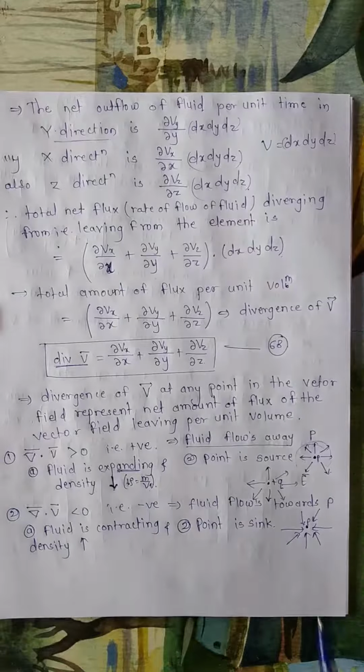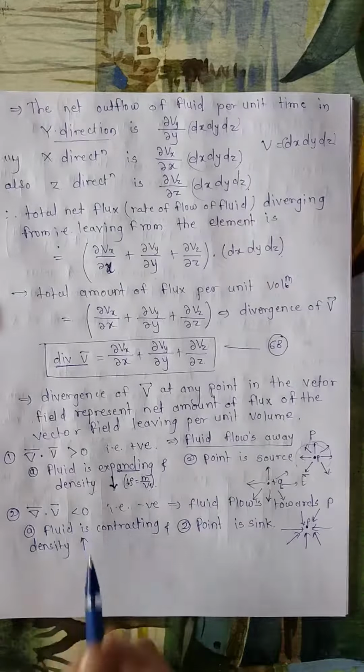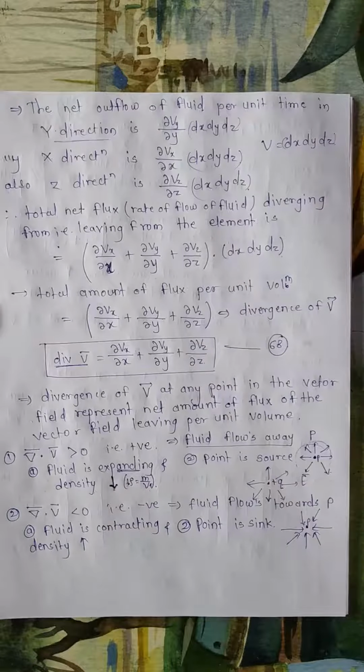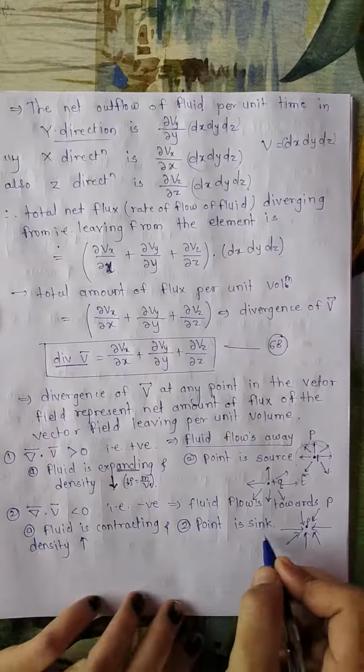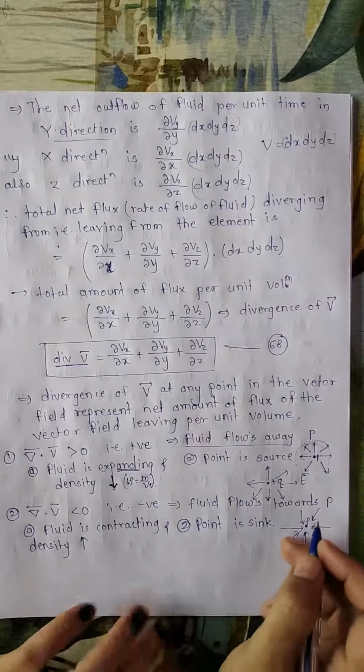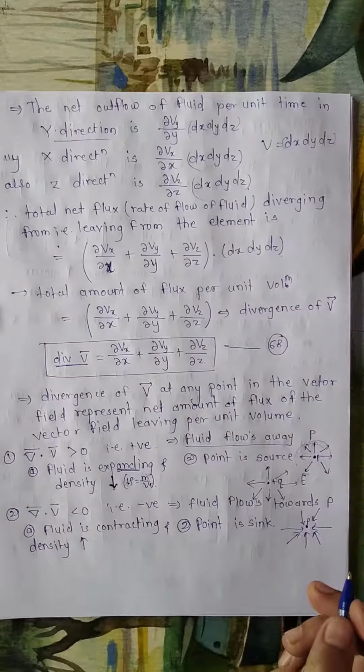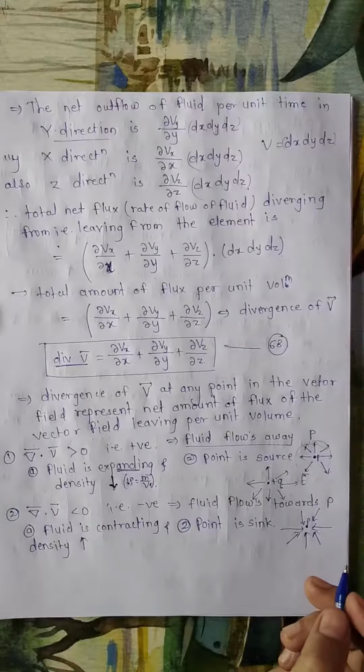Therefore, whenever divergence is negative or less than 0, fluid is flowing towards our point of discussion, and therefore there is contraction of the fluid and density will keep increasing. So here the point is known as a sink, at which fluid is leaving the field.